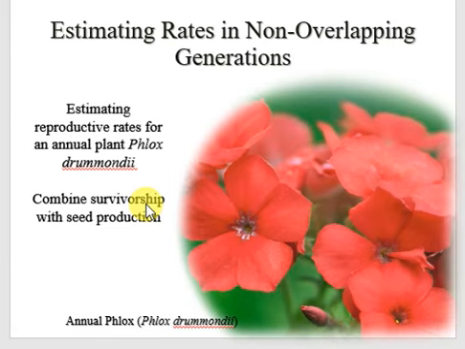So we're looking at species, or populations of species, that are semelparous. Our example is an annual plant, commonly known as annual phlox or Phlox drummondii.